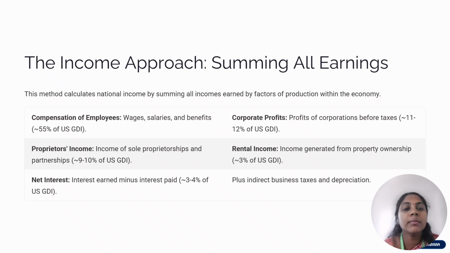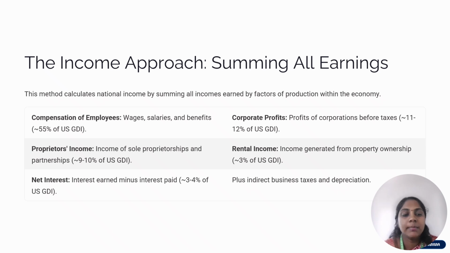When coming to the income approach, this method calculates national income by summing all the incomes that is earned by the factors of production within the economy. As we all know, the factors of production are land, labor, capital, organization, and entrepreneur. Within those factors of production, how the economy is attaining the incomes.